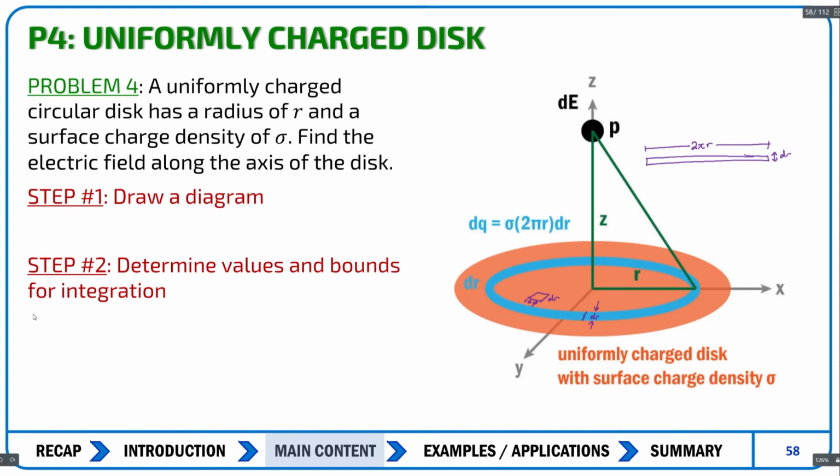So taking a look, we do want to determine the values and bounds for integration. By symmetry, the electric field due to the ring, does it cancel anything? So if I have a piece of the ring over here, and I know dE from this left side, let's do dE from the left, and then we have another piece on the right side.